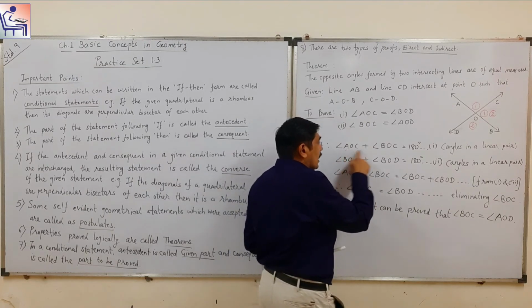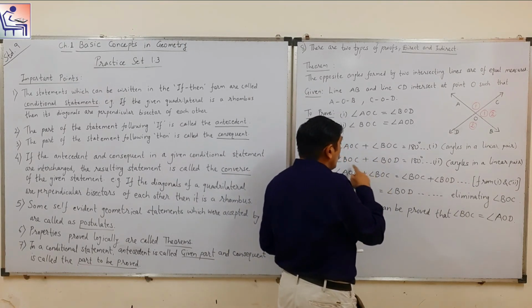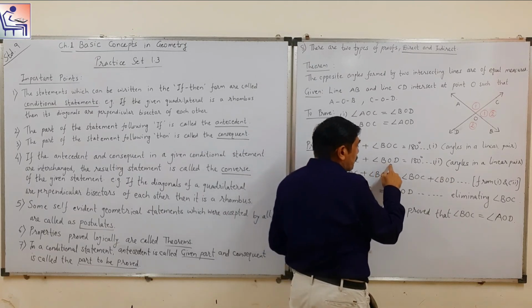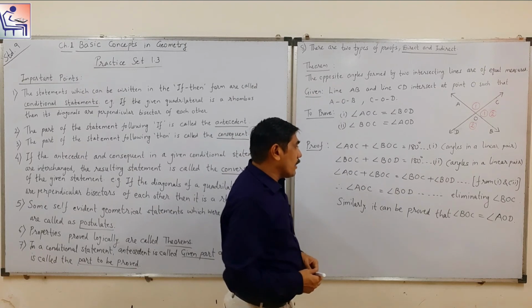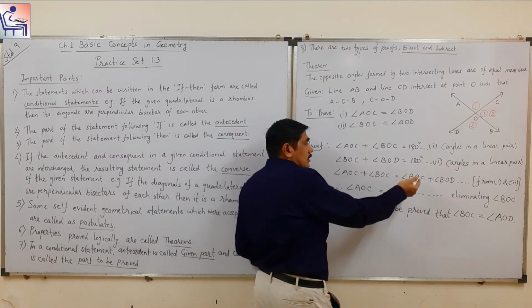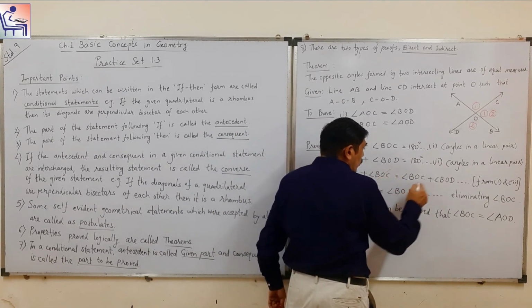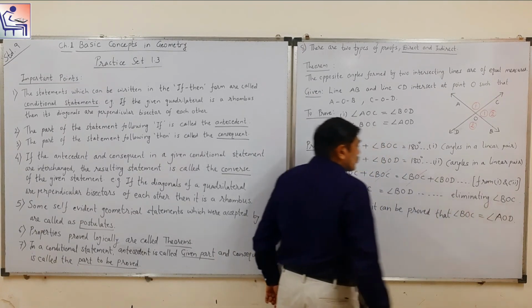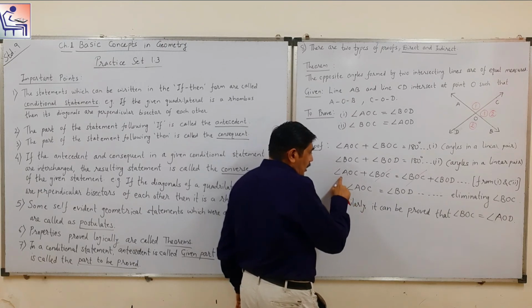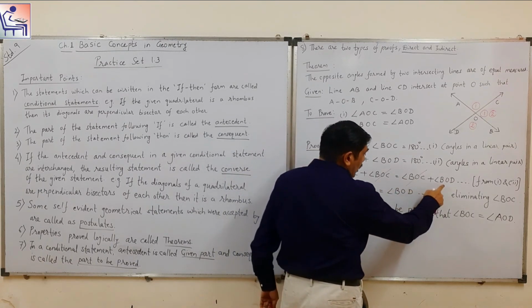So we can say that angle AOC plus angle BOC is equal to angle BOC plus angle BOD. Now if you have noticed, on both sides angle BOC is common, so we are eliminating angle BOC. So what remains? Angle AOC is equal to angle BOD.